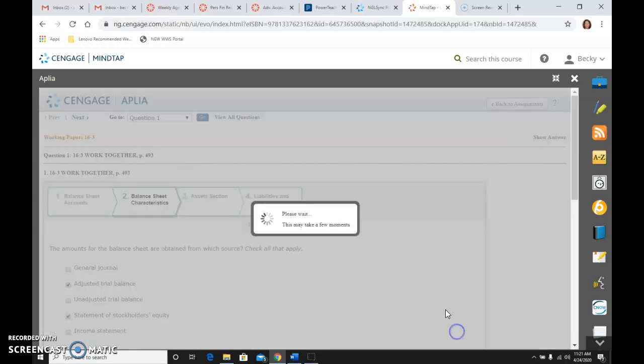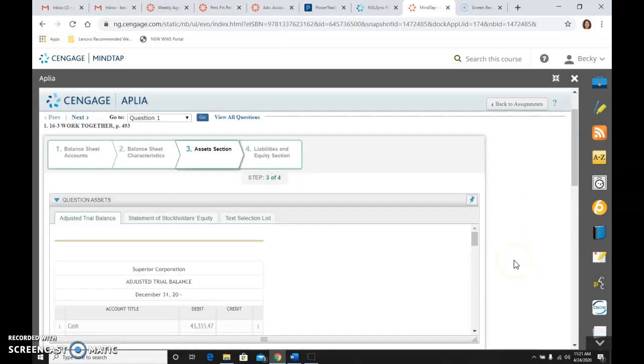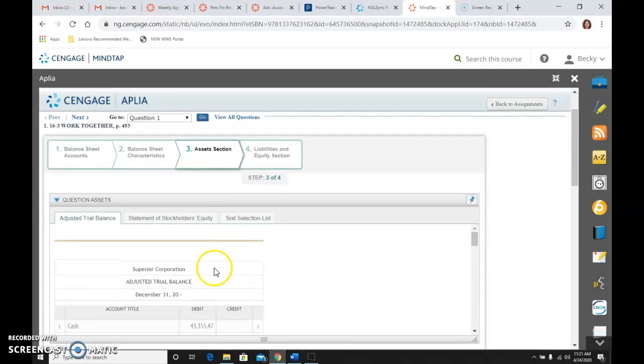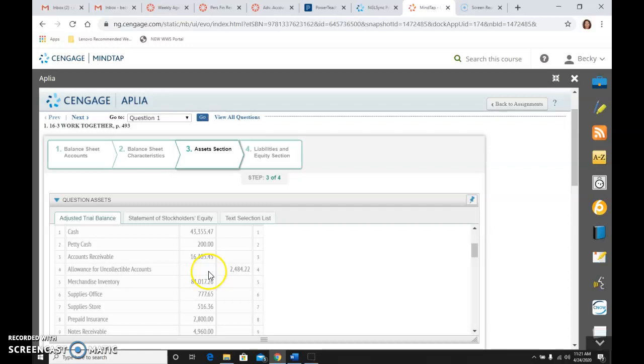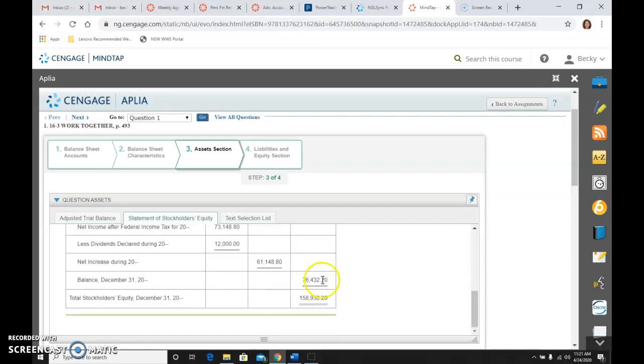So then we go on to our next step, and it's going to have us prepare, I assume, the balance sheet. So we have all of the balances up here from the adjusted trial balance, and again for capital stock we're going to use this 82.5 and this 76,432 for retained earnings for our total equity. So make sure that you realize that when we get up there.